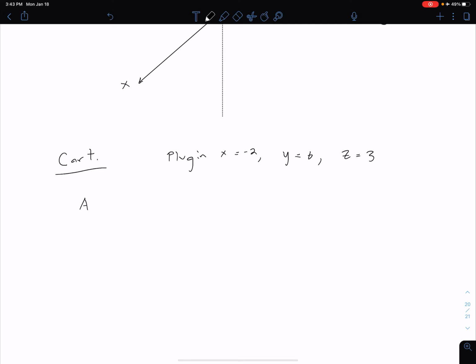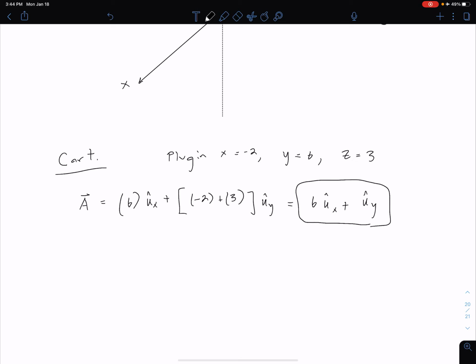So we know that our vector A is equal to Y, which is 6 in our X direction, plus X plus Z, so -2 plus 3 in our Y direction. Of course we can evaluate that, and we see that this is equal to 6 in our X direction plus 1 times our Y direction.